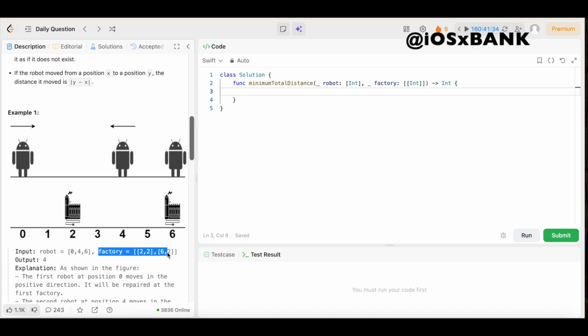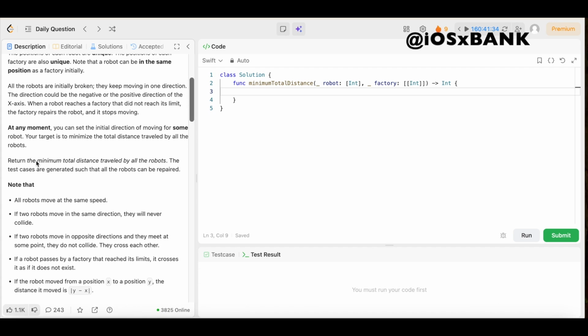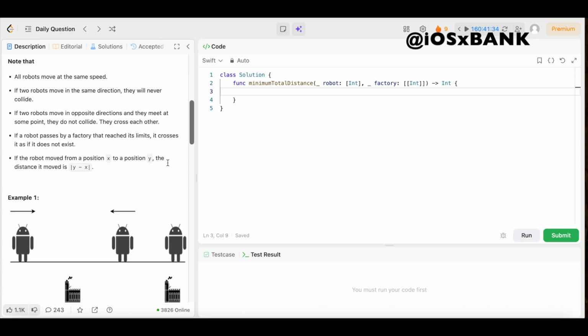The next array is [6, 2], which means we have a factory at position 6 with a limit of 2 as well. The output is 4, which means we had a minimum total distance of 4, because we're returning the minimum total distance traveled by all of the robots.